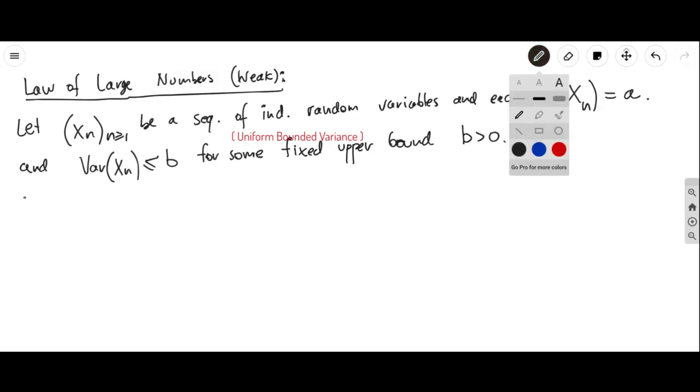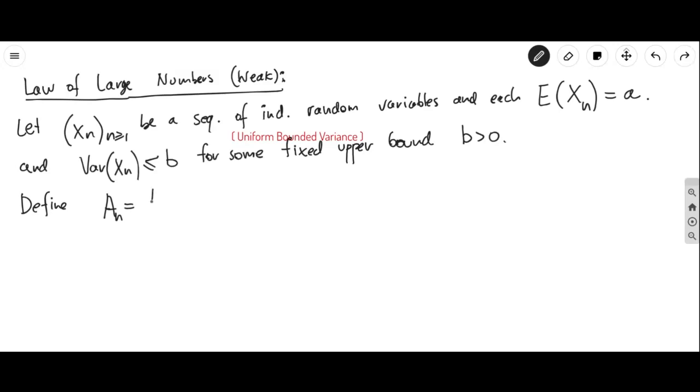And then you're going to define A_n, which is the average. You're going to do 1 over n, and you would just average out the first n random variables, like this.